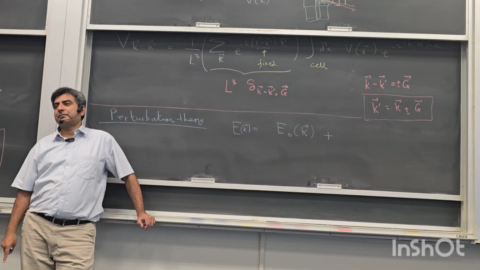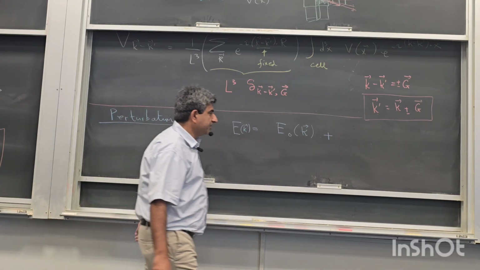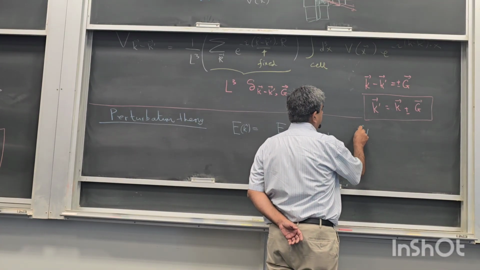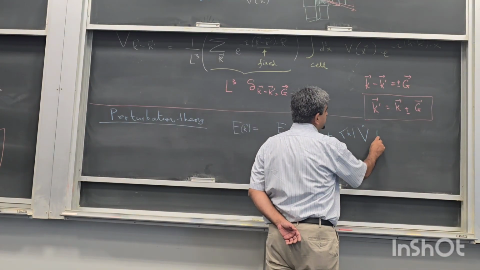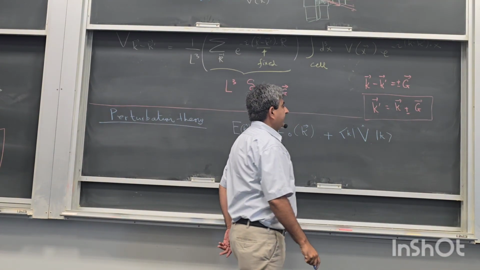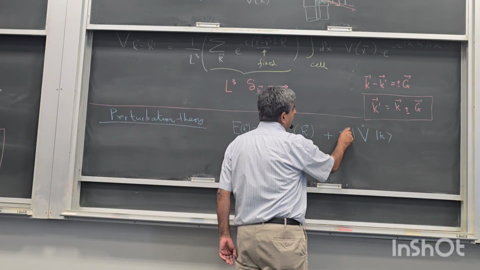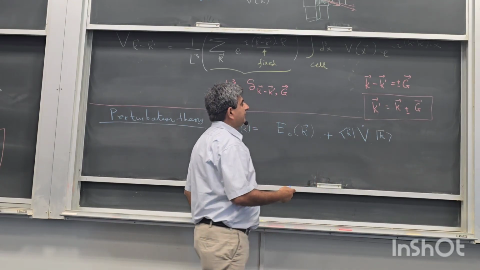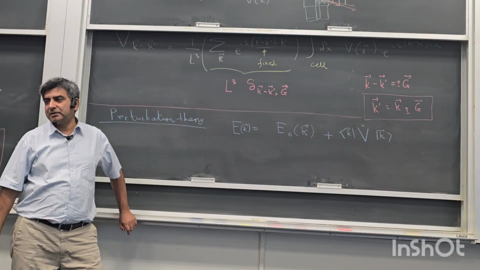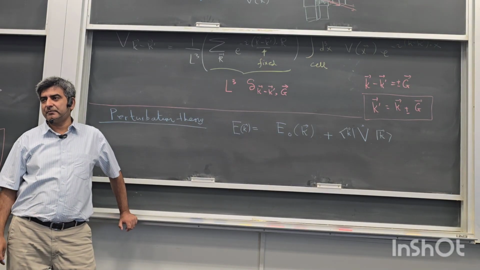That's the second order term. So the first order term is simply the perturbation, and you sandwich it between the state for which you would like to measure the change in energy. This is the first order perturbation term.